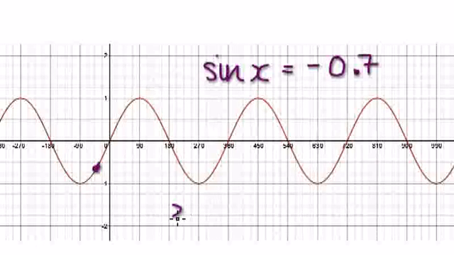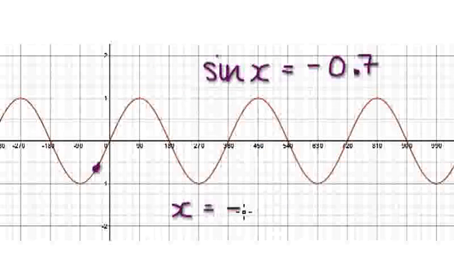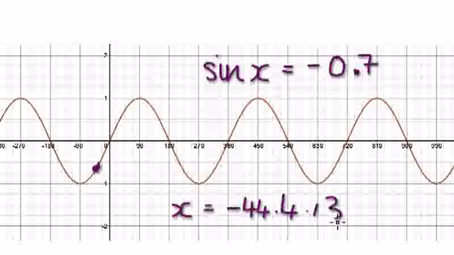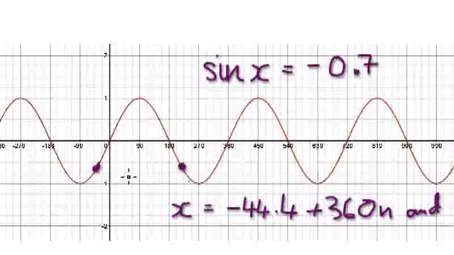So our solution so far is x equals negative 44.4 plus 360n. That's one solution. Then we've got to identify this other one here.